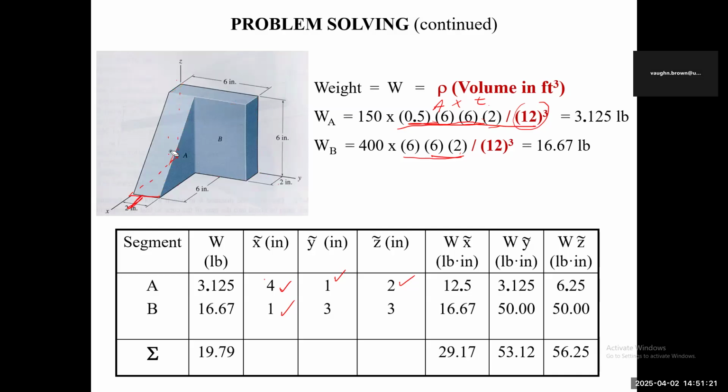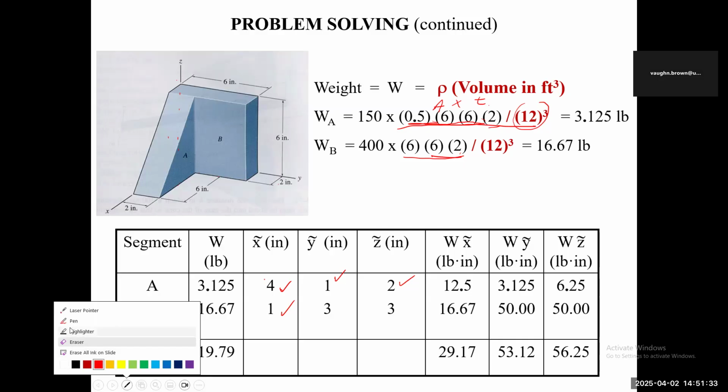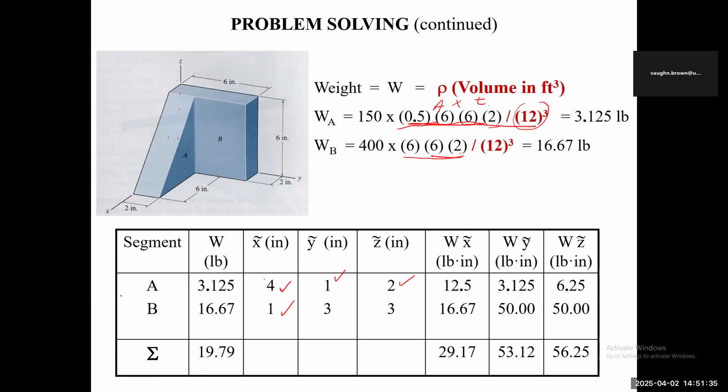Tell me why y is 3. Half of the 6, because the length along the y-axis is 6. So it's half, therefore that is 3. And z is the same thing, because the height of it is 6, so it must be 3 also.